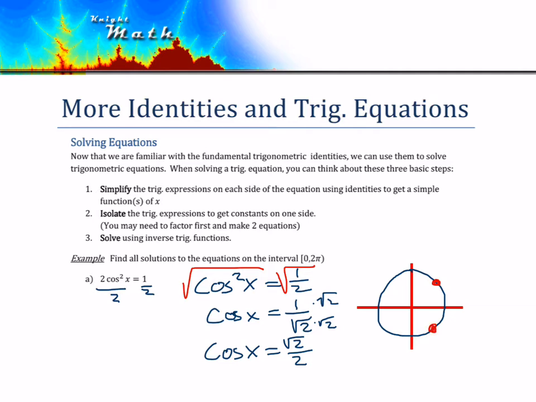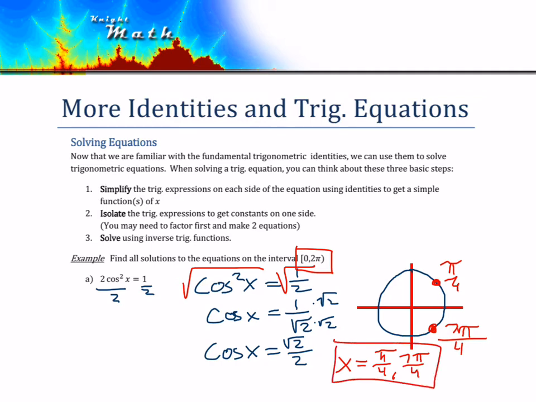So these angles are pi over 4. And remember, we want our domain to be between 0 and 2 pi. So we could call this negative pi over 4, but negative pi over 4 is not in that range. So going all the way around, this is 7 pi over 4. So the answer is x equals 2 answers, pi over 4 and 7 pi over 4.